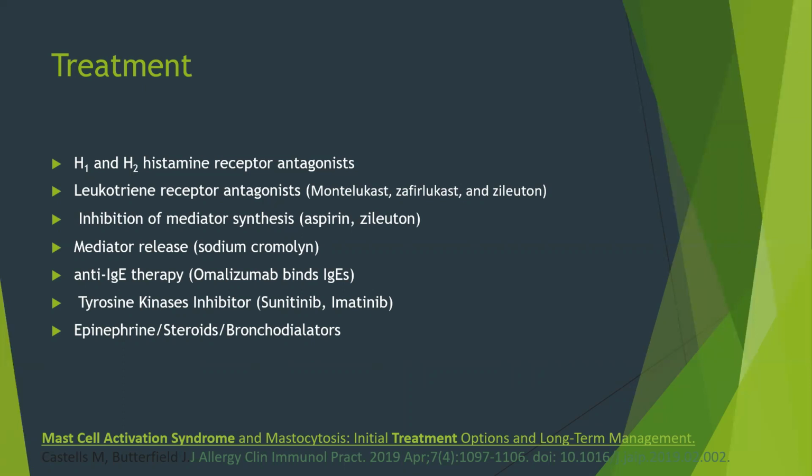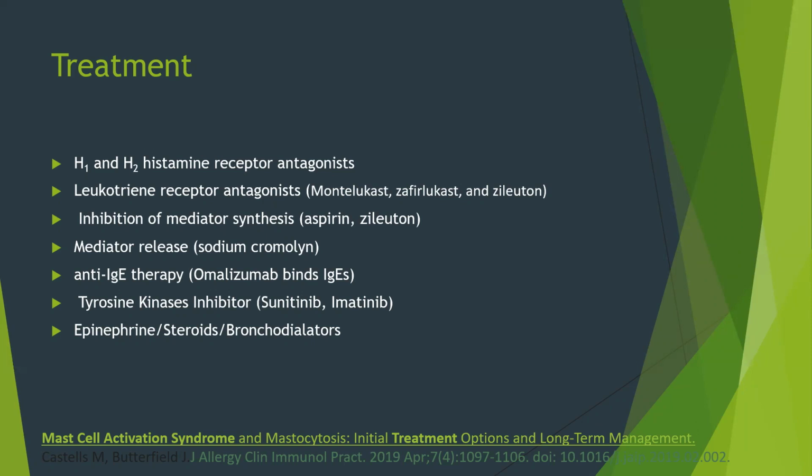Then there are leukotrienes, another chemical that can be produced by mast cells. It's montelukast, which is Singulair, and a couple of relatives. And it's interesting that Zileuton does both. It's a leukotriene receptor antagonist, plus it reduces production of histamine as well.